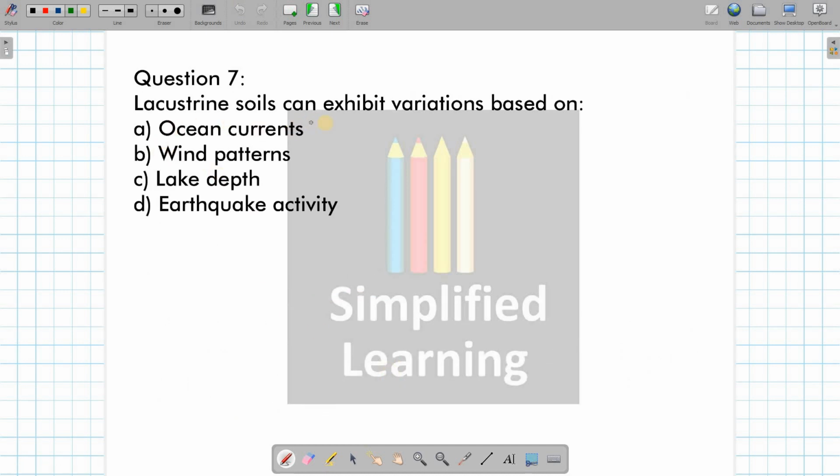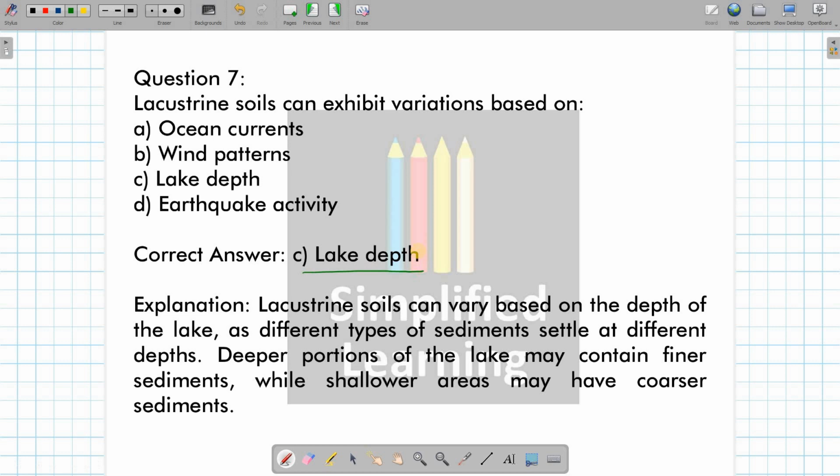Then lacustrine soil can exhibit variation based on, okay, lacustrine soils are related to what? Which deposition is there for lacustrine soil? Lake. Okay, answer is lake depth. Lacustrine soil can vary based on the depth of the lake, such as different types of sedimentation process and sediment types at different depth.